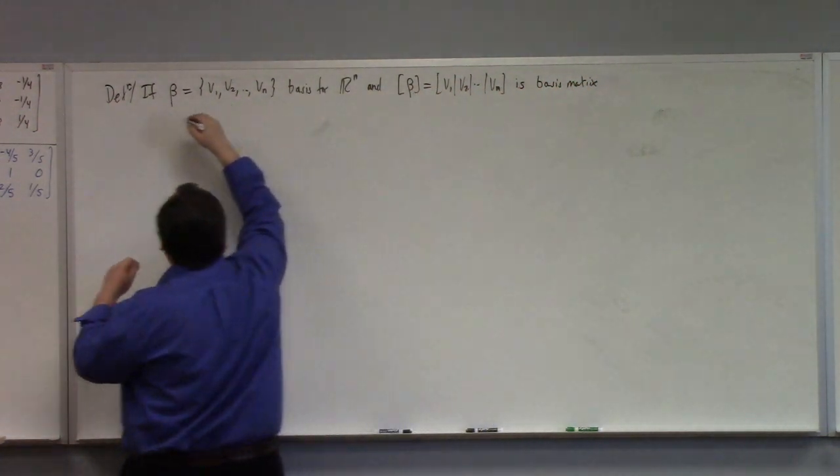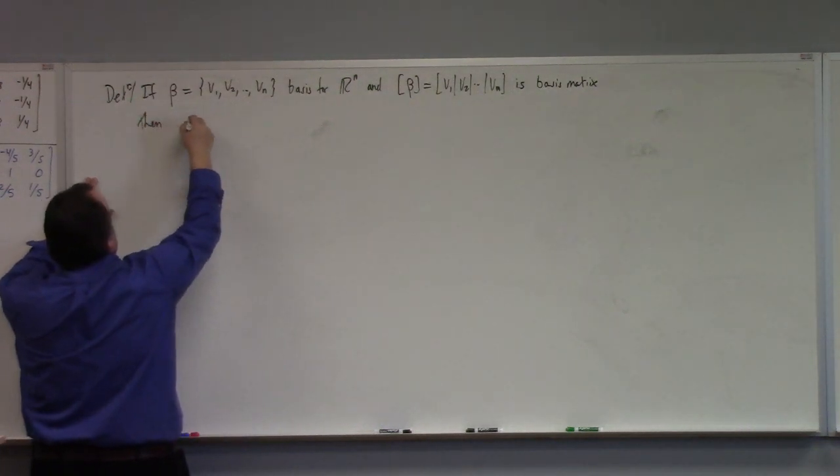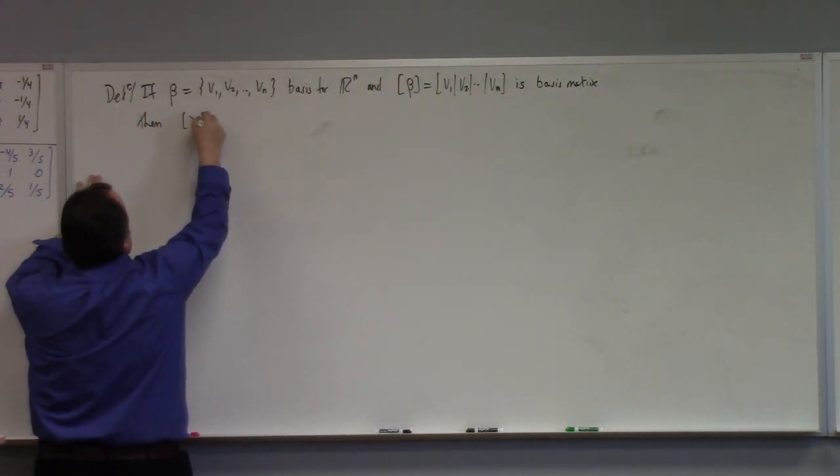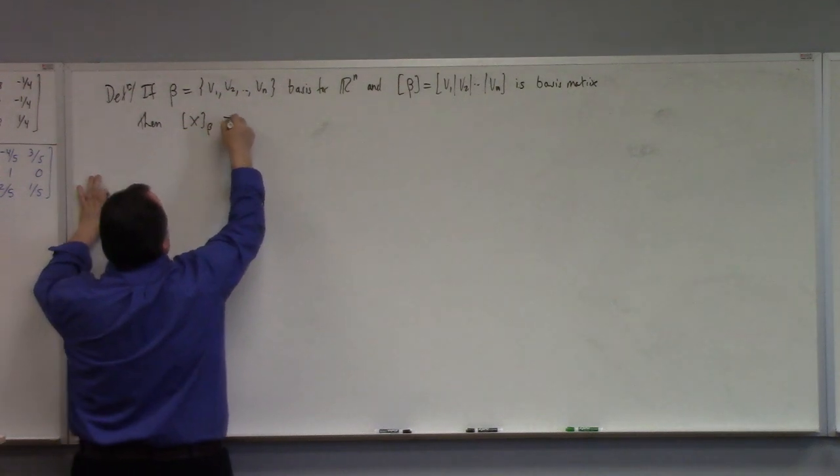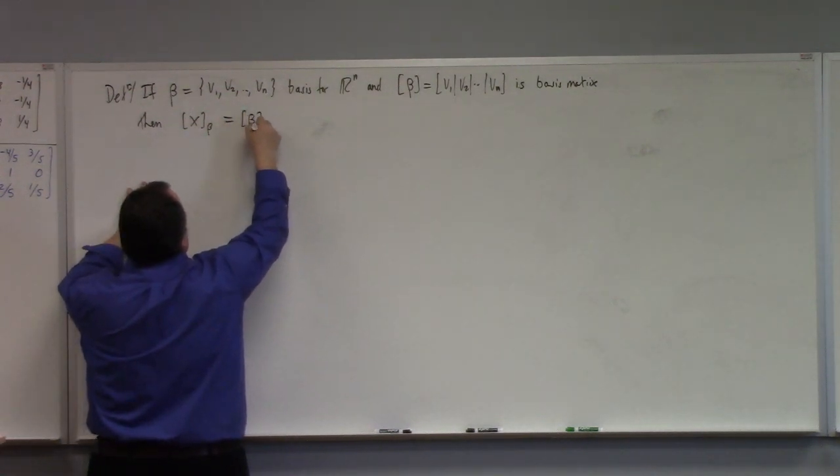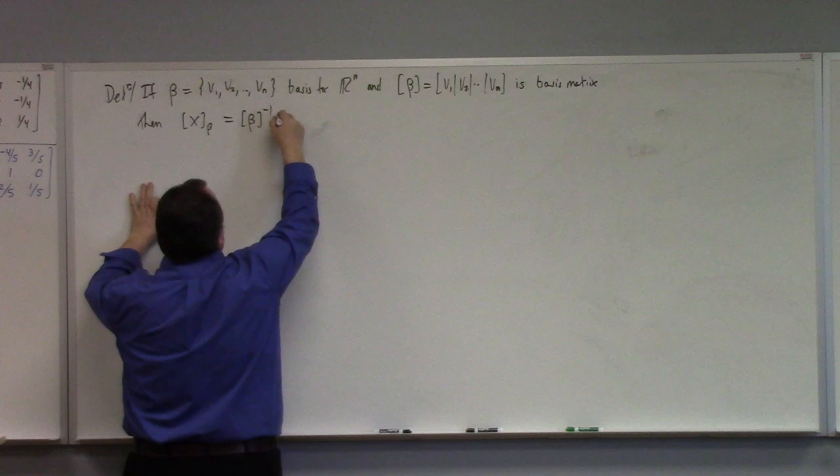Then, as we worked out the other day, the coordinate vector of x with respect to the beta basis we could calculate by the inverse basis matrix times x.